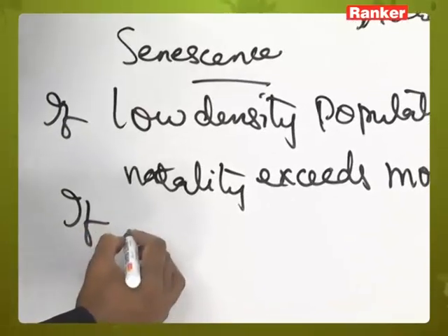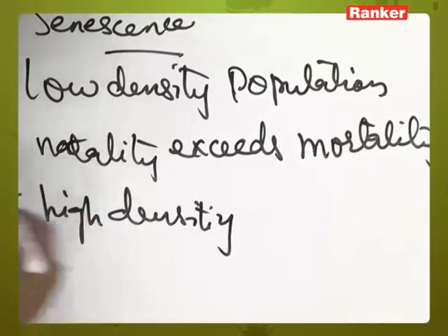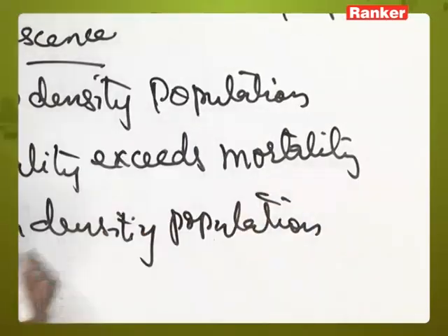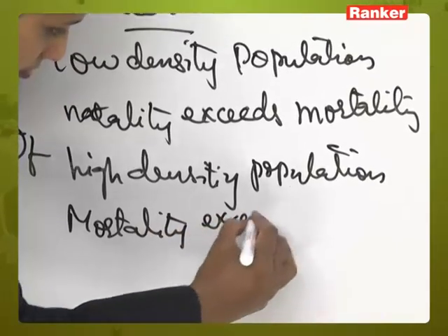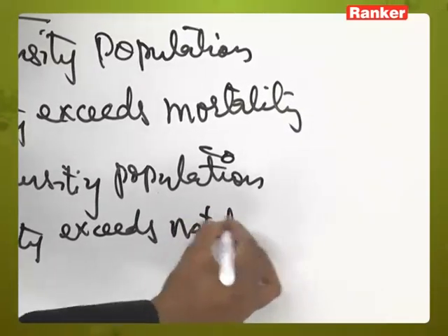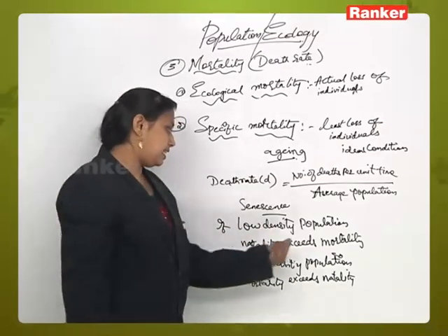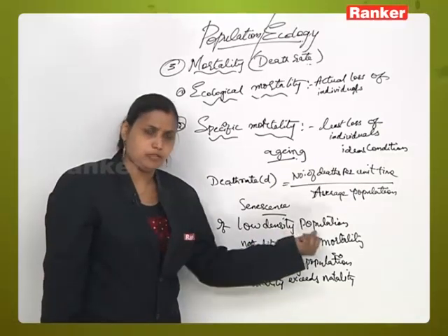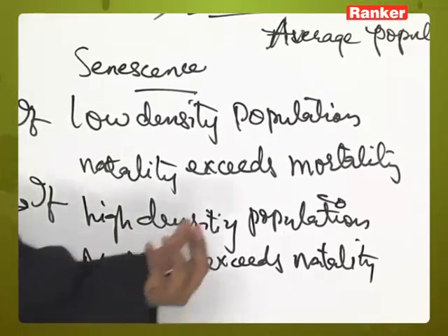If it is a high density population, we can say that mortality exceeds natality, right? There are two criteria here. If the population density is low, natality exceeds the mortality. Next, the mortality exceeds the natality when there is a high density population.